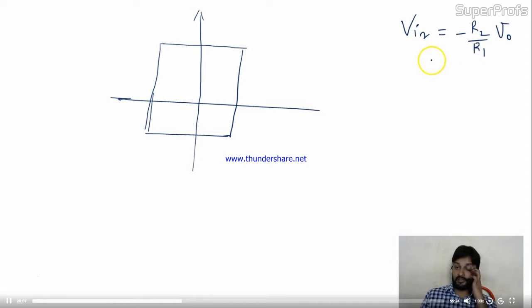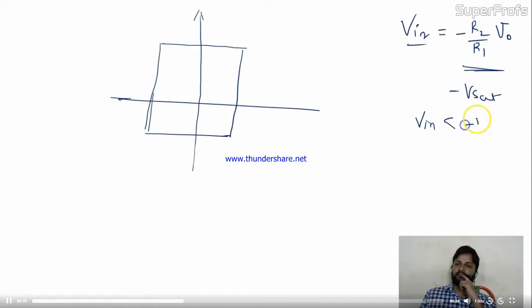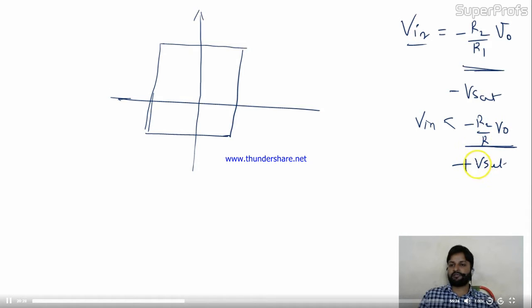The condition is V in is greater than this, then it will go to minus V sat. If V in is less than this particular thing, minus R2 by R1 of V naught, we will have plus V saturation. So initially the value of V naught will be minus V saturation. Let's talk about this condition.